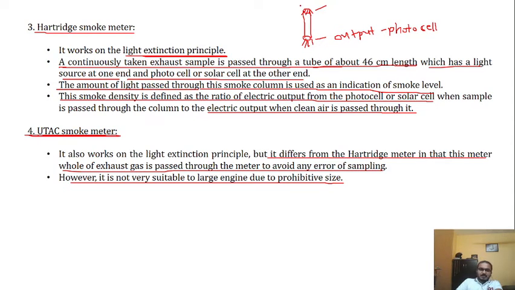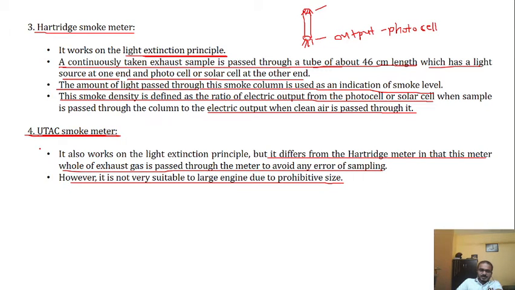This tube is filled with the exhaust sample, and light is passed through this column, which is used as an indication of smoke level. Smoke density is defined as the ratio of electrical output from the photocell when the sample is passed through this column to the electrical output when clean air is passed through it.